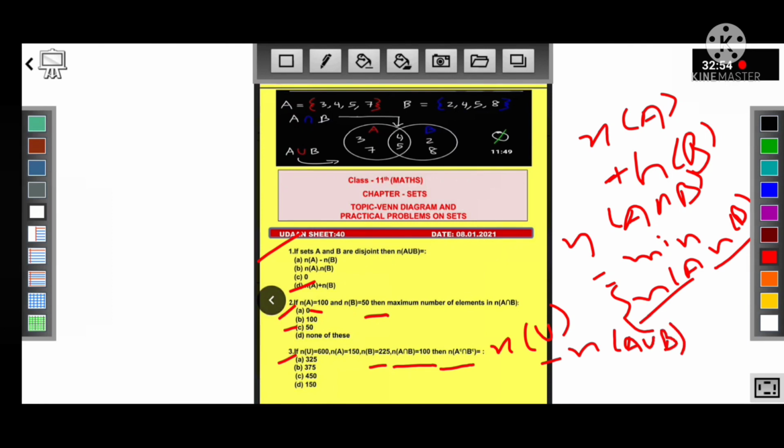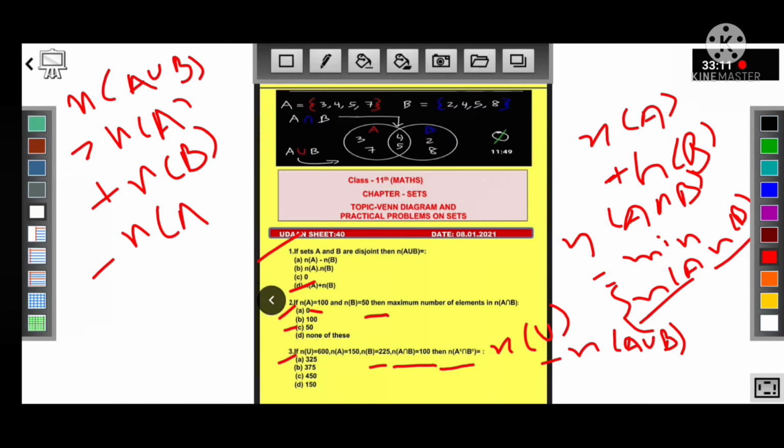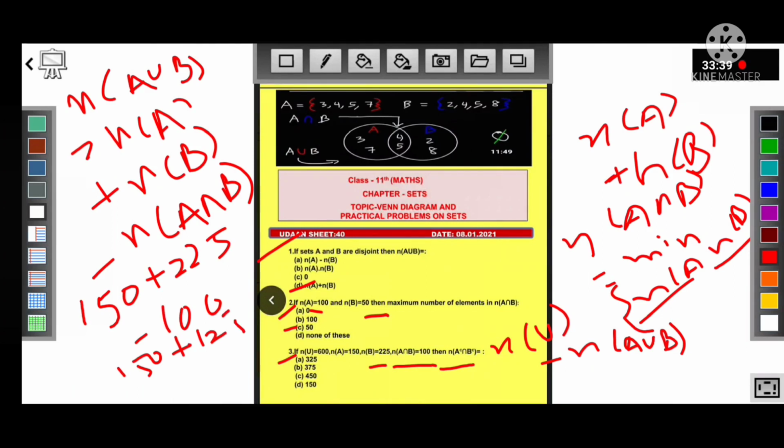Now first of all, find n(A union B) by using the formula: n(A) plus n(B) minus n(A intersection B), that is 150 plus 225 minus 100, which is further equal to 275.